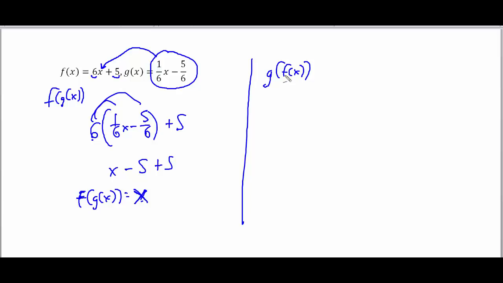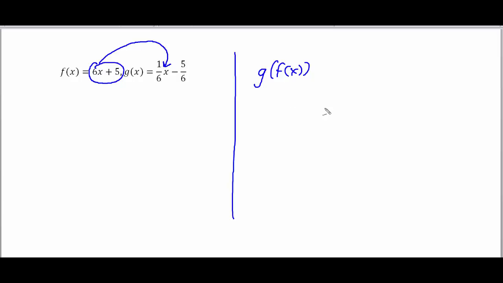Now here I've got my g of f of x, so I'm going to take my equation, and notice that since I've written all over it, I'm going to clear it so I can write all over it again. Sorry that the left half got erased, just back up the YouTube video, right? So I did my f of g of x, now I'm going to go g of f of x. So I'm going to take the 6x plus 5 and plug that into the x right here.